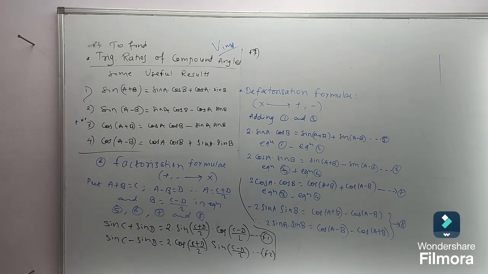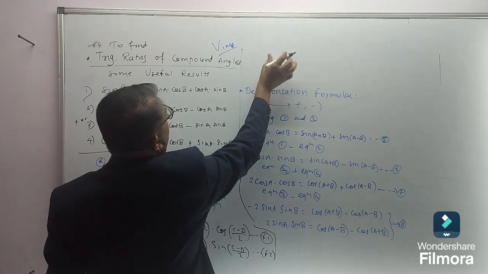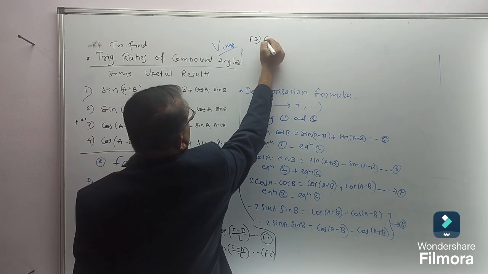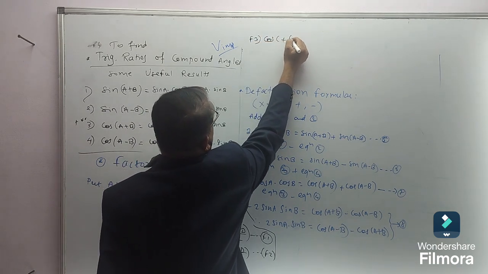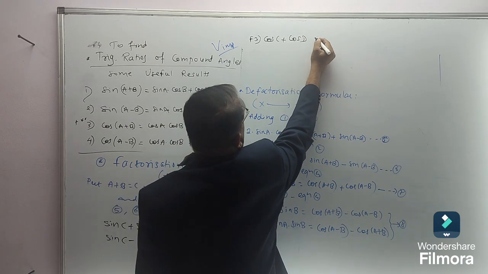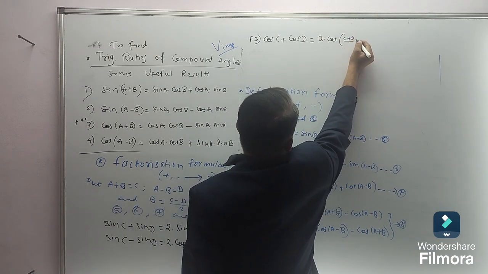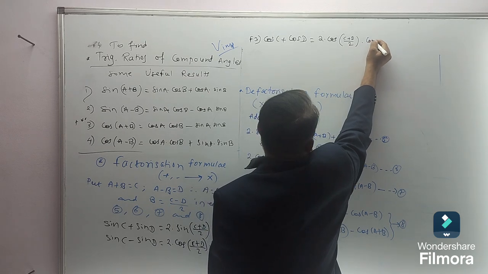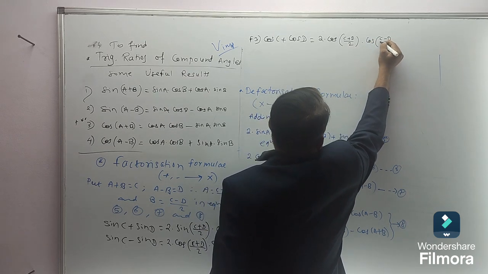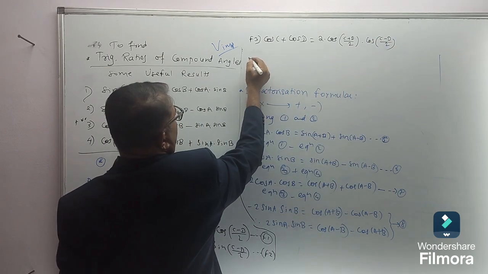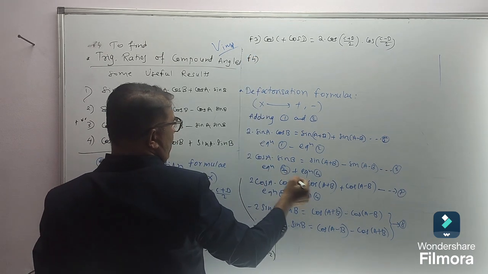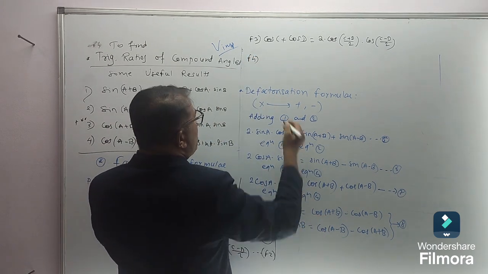F3 is cos C plus cos D is equal to 2 cos C plus D by 2 into cos C minus D by 2, and F4. Here is F4. I am writing only directly.